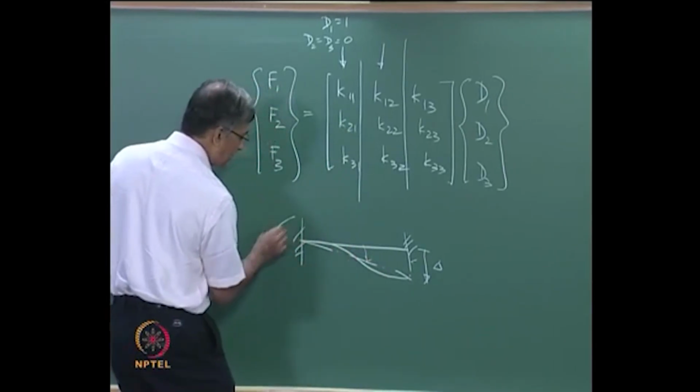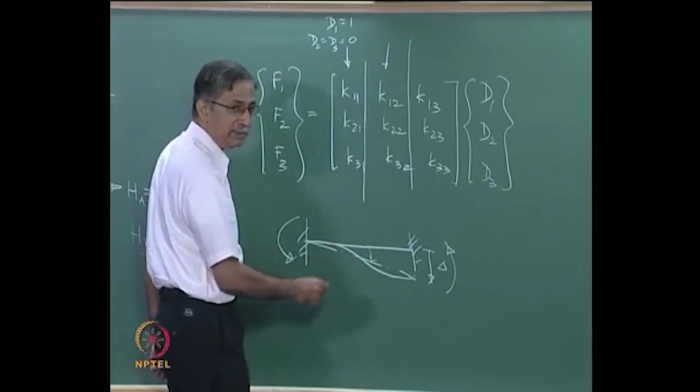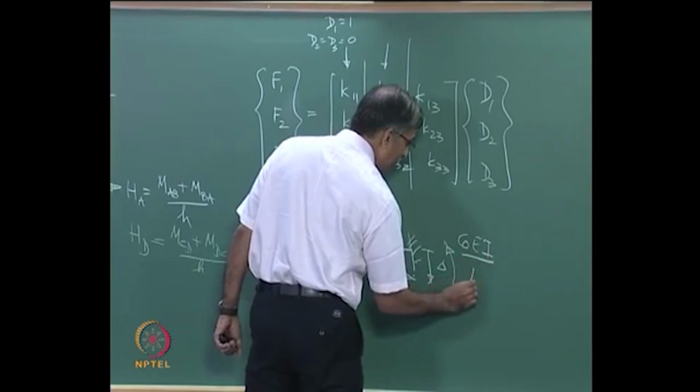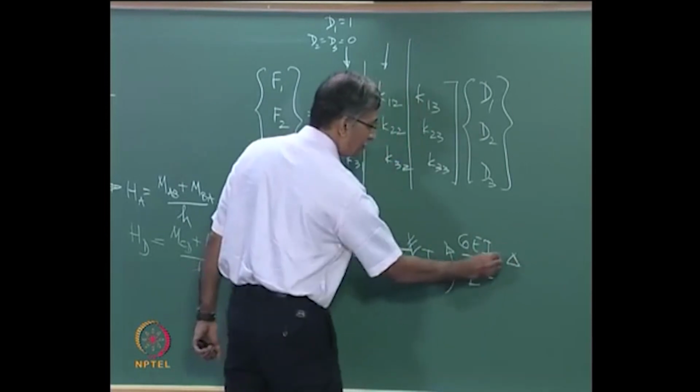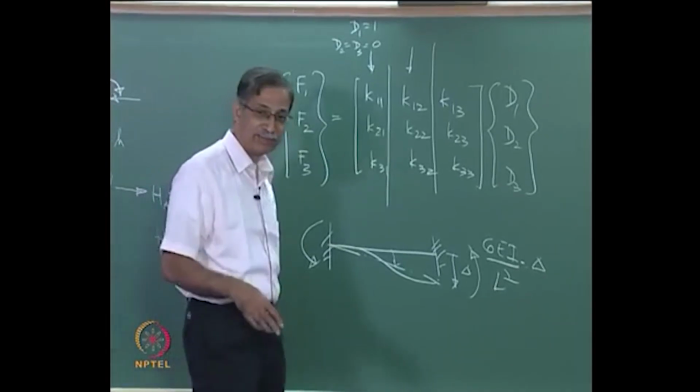Clockwise chord rotation will give you anti-clockwise end moments. What are these moments? Well, 6 EI by L squared into delta, because delta by L is the chord rotation. Don't make mistakes like that, you will lose everything.